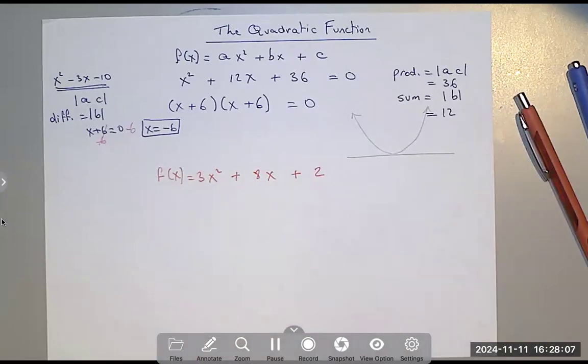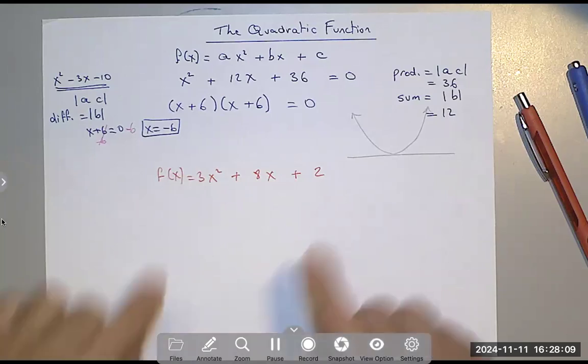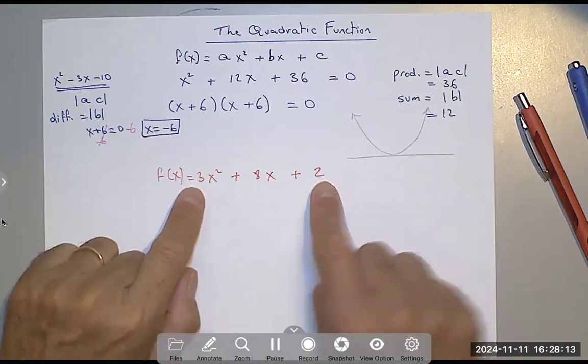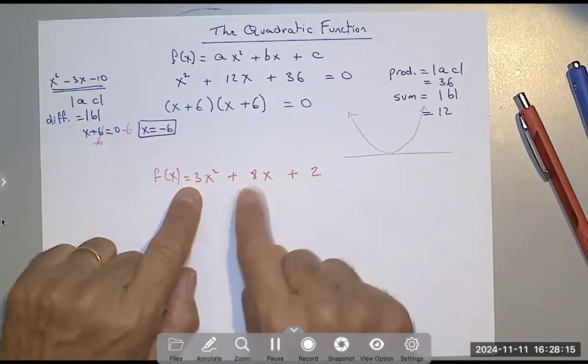If I try to factor, I'm looking for two numbers whose product is 6 and their sum, because that's positive, is 8.